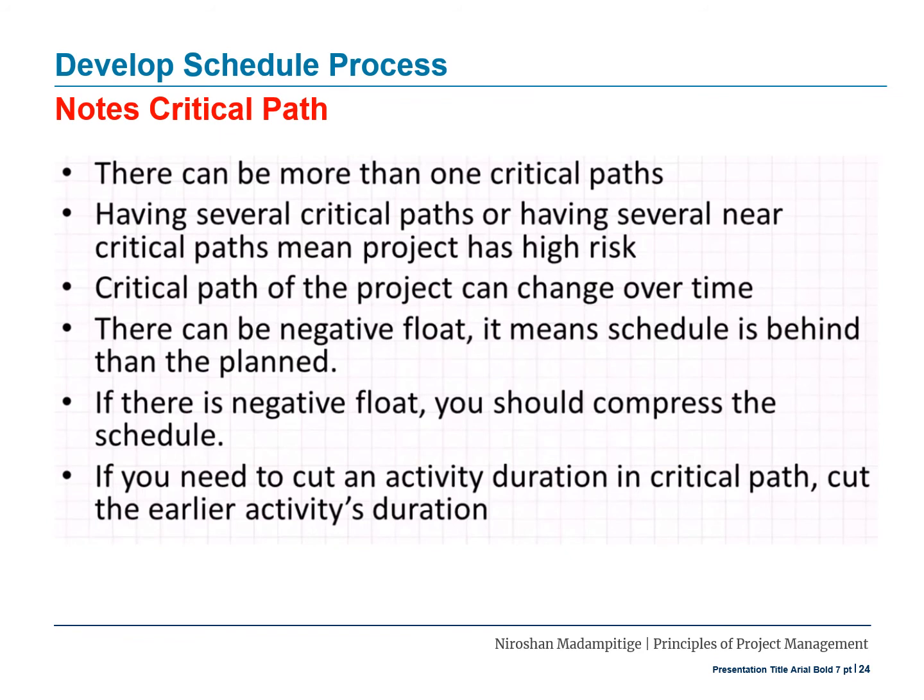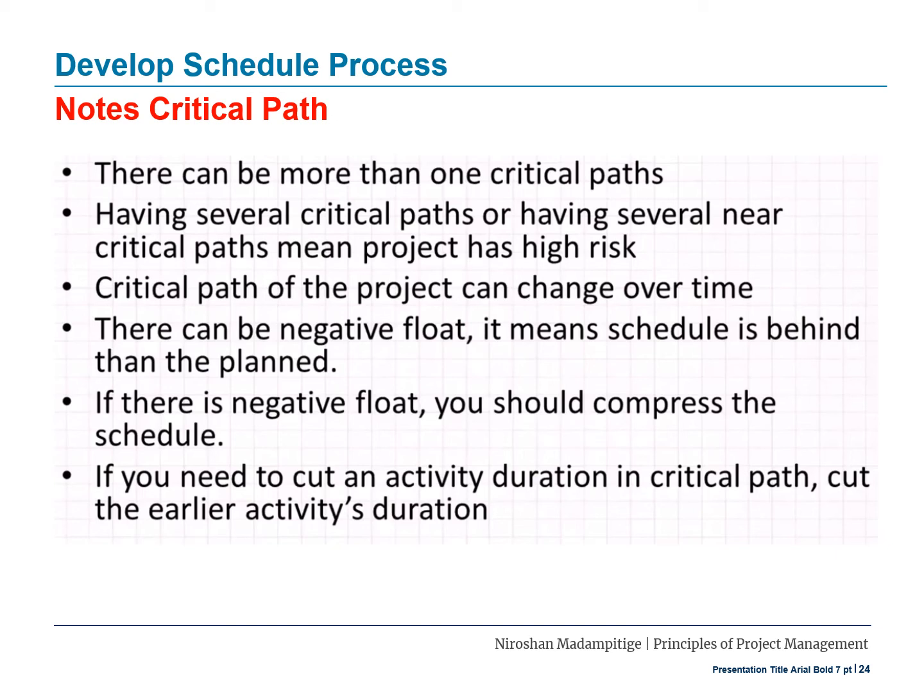Now let's have a look at some of the important points about the critical path. There can be more than one critical path. It's important to understand that there can be multiple critical paths for one given project. Having several critical paths or several near critical paths means the project has higher risk.